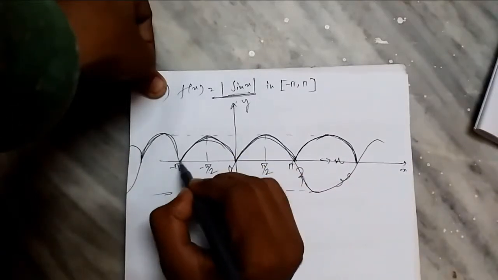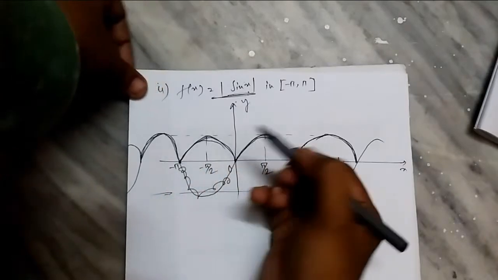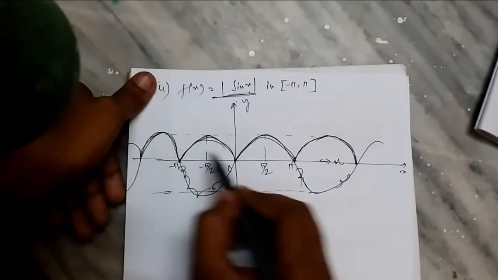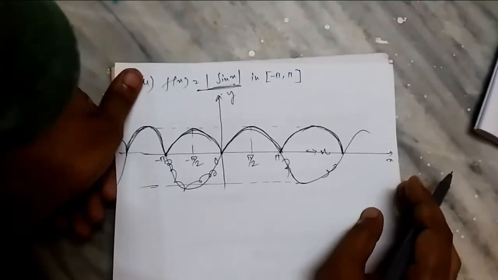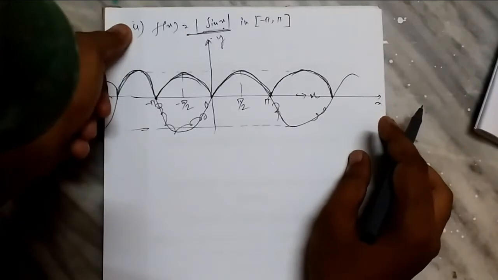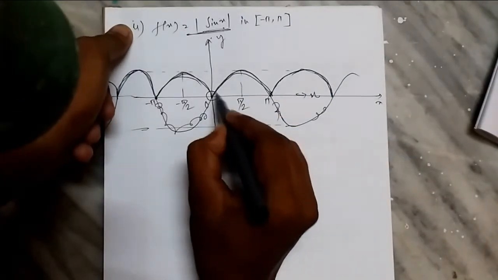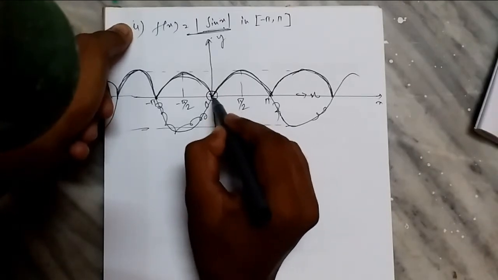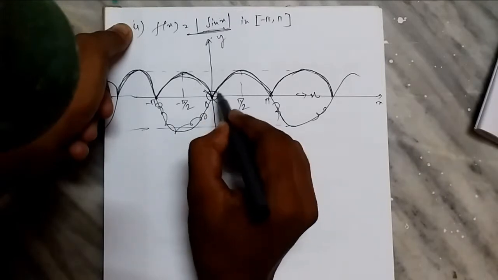From this figure we easily say that f(x) is continuous, as we can draw this figure without lifting the pen. But the derivative does not exist at that point, as at x equal to 0 there is a sharp edge, which means this point has infinite tangents.